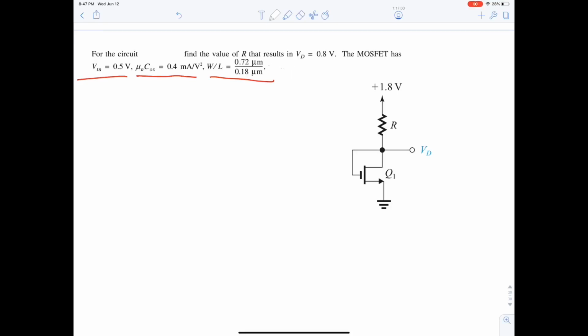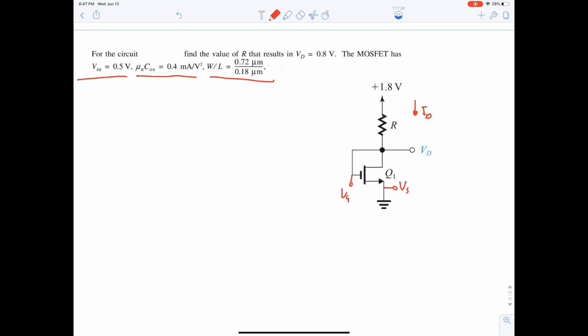Now, here if you notice, we have a connection between VG and VD. Okay. Always, if there's a connection between VG and VD, then we are in saturation. There's no need to check.